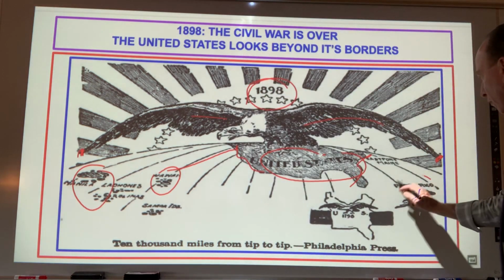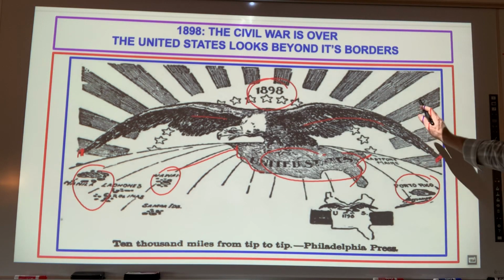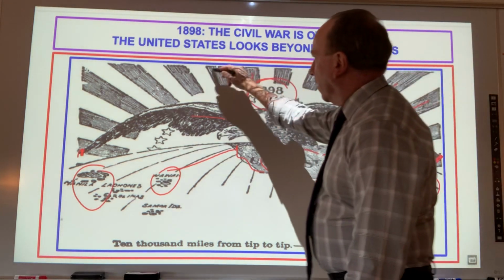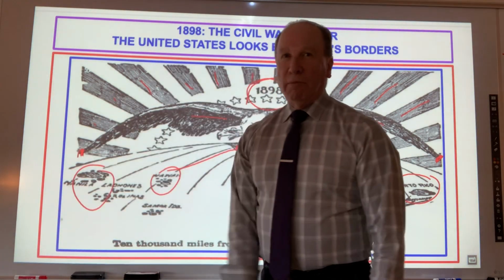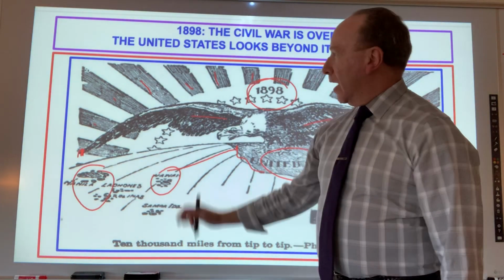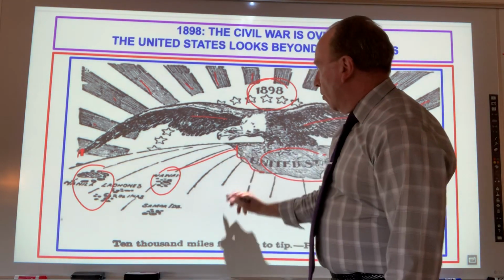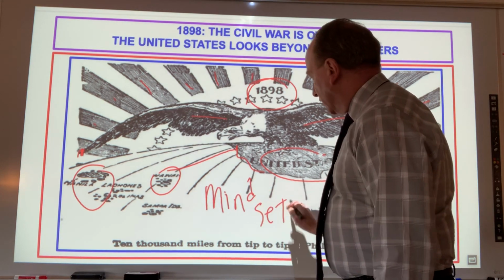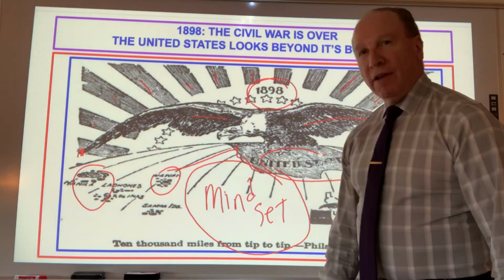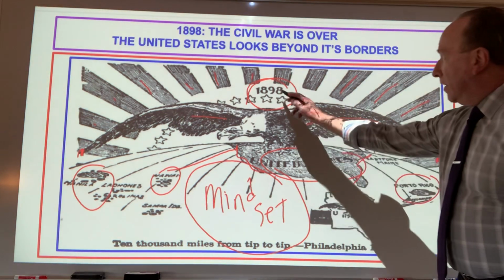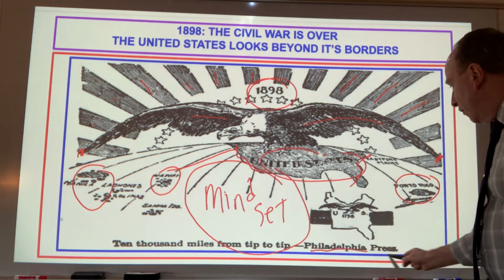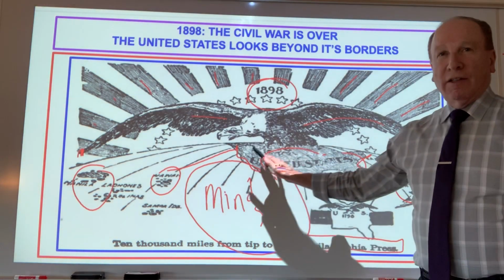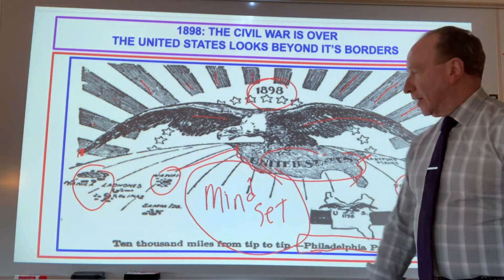You had Puerto Rico, and you had the sun of the rising empires, a very common symbol of empires around the world. And we interpreted this as to what the mindset of the United States was. It was no secret that in 1898, according to the Philadelphia Press, the political cartoon reflected the priorities of the United States.